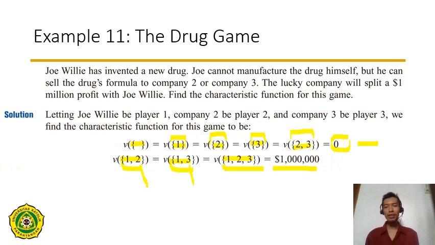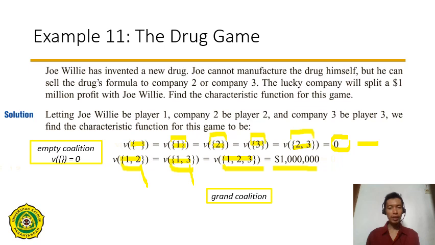Okay, so this is the characteristic function for this game. So this coalition of all players in the game is called the grand coalition. And then for the empty set, we call it empty coalition. And by convention, the value for empty coalition equals 0.